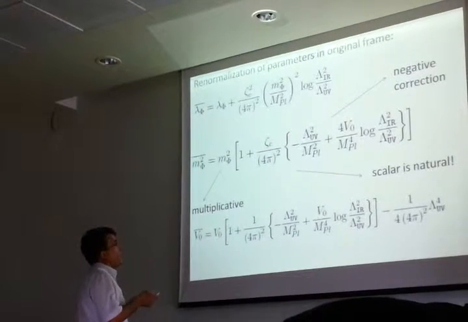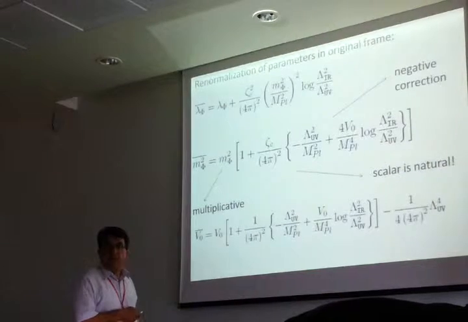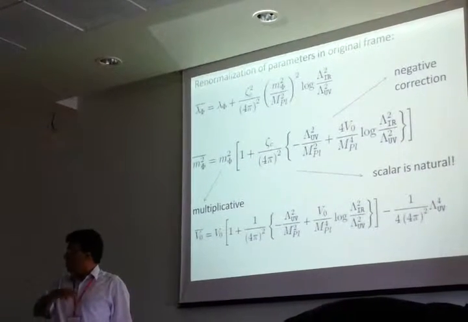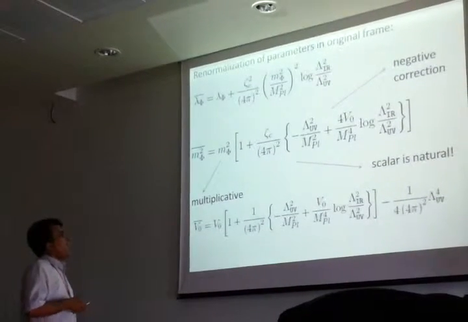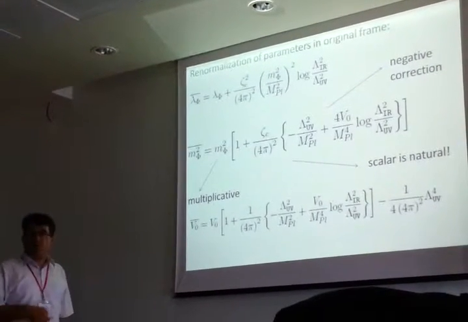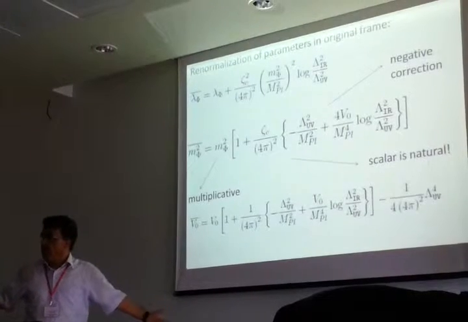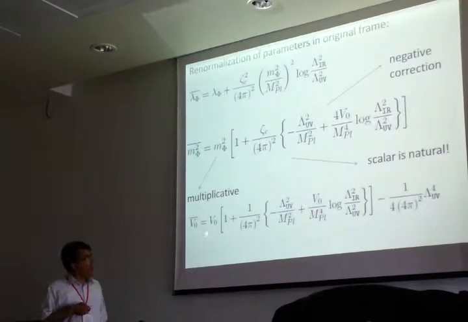And when we look at this overall correction, this term is negative. That's to say, m pi squared decreases with the loop corrections. That will be important for us. It will tell us something. Second thing is that, as you see, the correction is small, of course. It is natural. The scalar doesn't get a crazy big mass squared term.